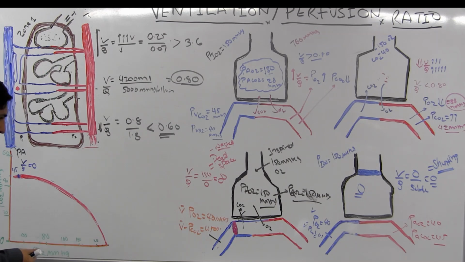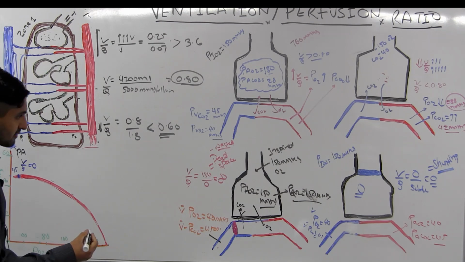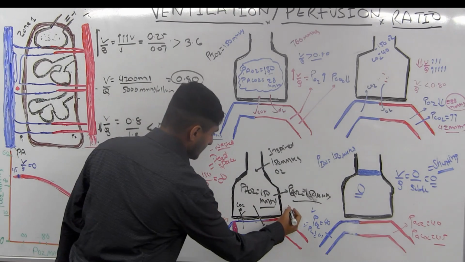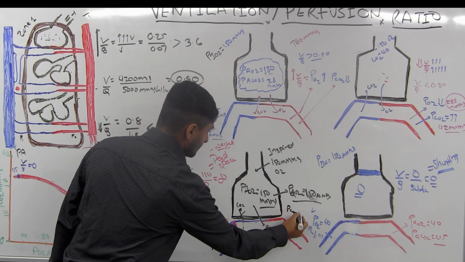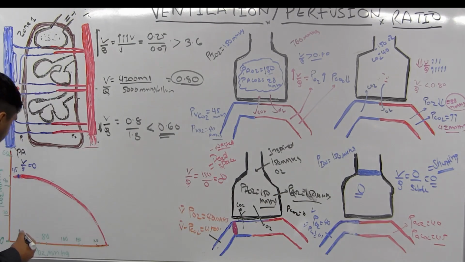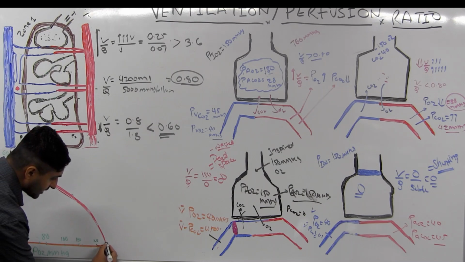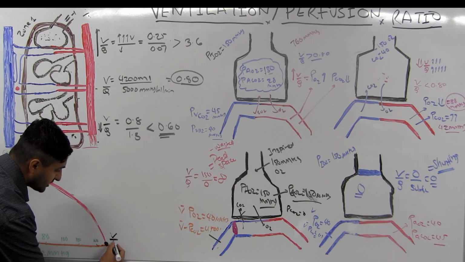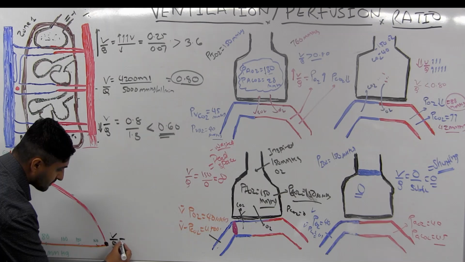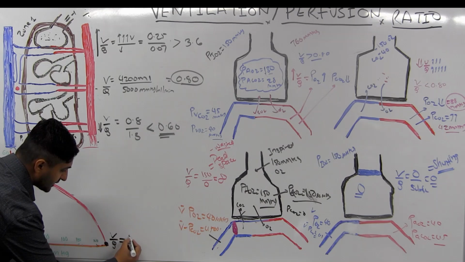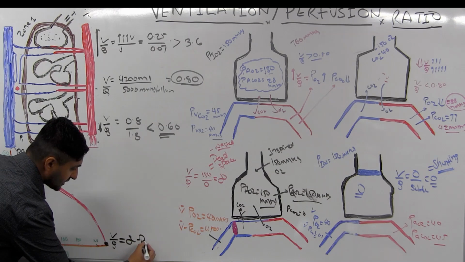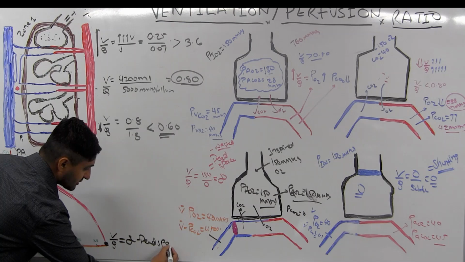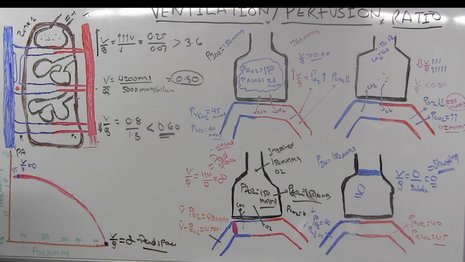So my carbon dioxide level is 0 in this case, but my oxygen level is 150. Where do you see that? Right here, this is 150. In this case, it's whatever the inspired air is. And this says VQ is equal to infinity, or there's dead space, because it's got wasted. That's what it says.